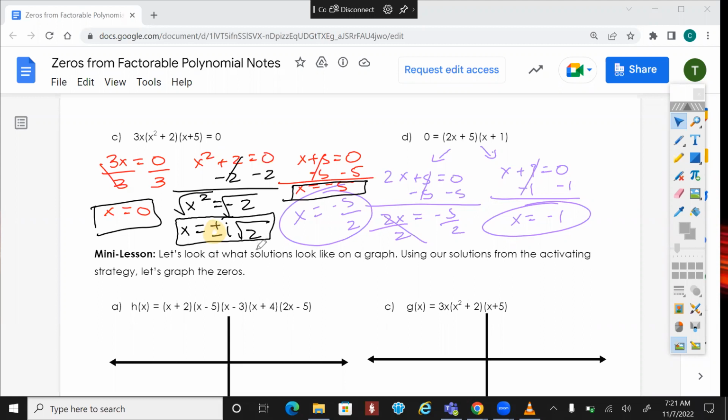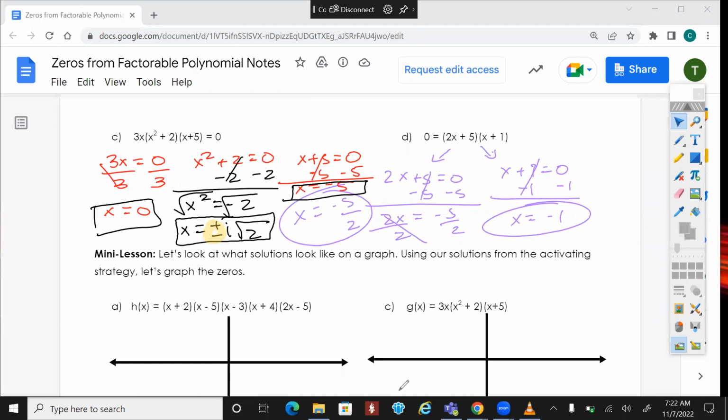So how many solutions do we have in total? 1, 2, 3, 4. So what kind of polynomial is this going to be? A quartic, right? Knowing how many solutions I have tells me what type of polynomial I'm going to have.